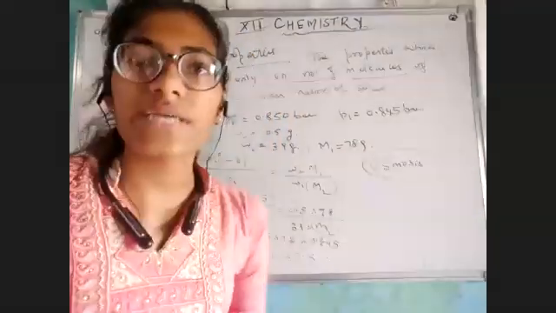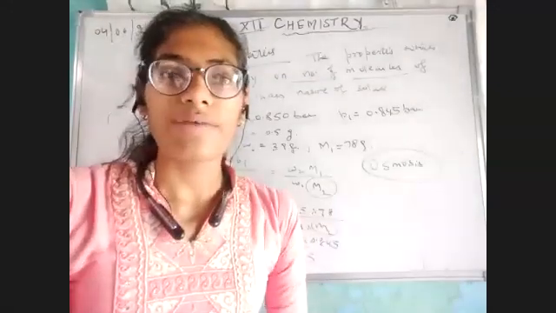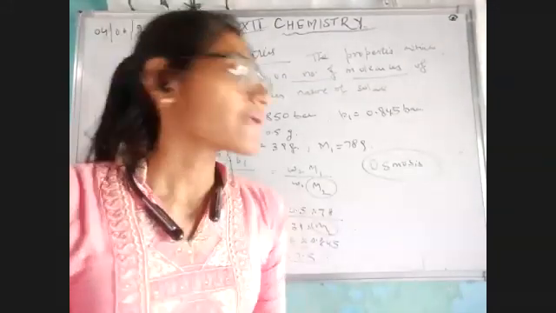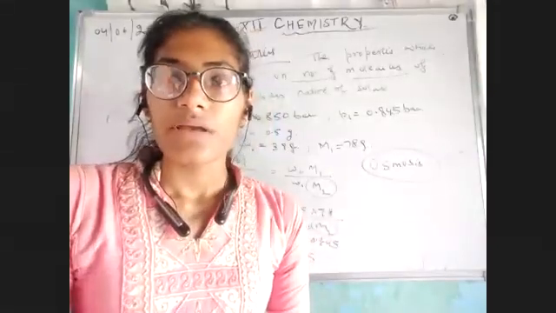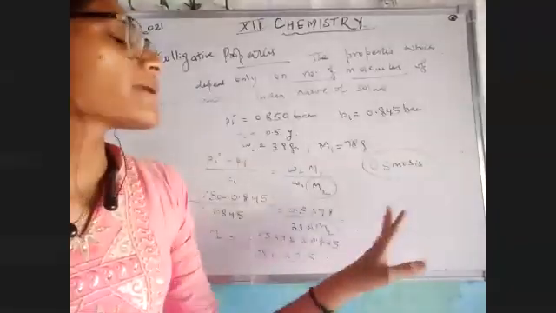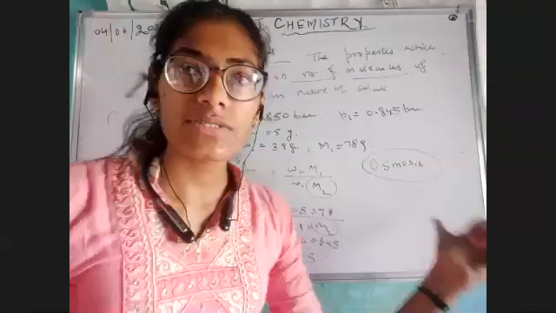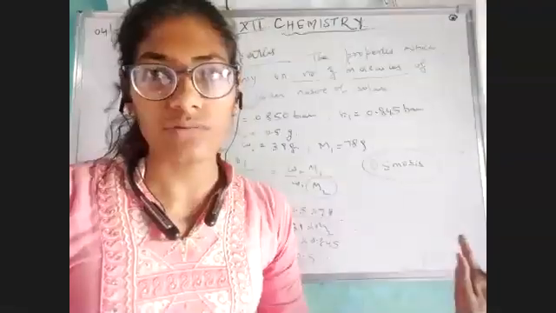Because in osmosis there are so many concepts: semi-permeable membrane, isotonic, hypotonic, hypertonic, reverse osmosis, and it also has a derivation. The derivations are mostly important for the other three, but osmosis is important for your MCQ questions. So do not leave this concept.